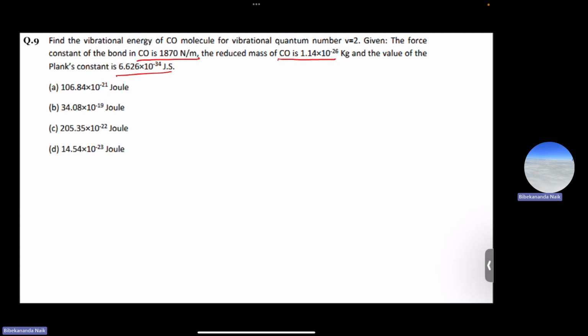The options are option A 106.84 into 10 to the power 21 joule, option B 34.08 into 10 to the power minus 19 joule, option C 205.35 into 10 to the power minus 22 joule, or option D 14.54 into 10 to the power minus 23 joule. So this question is to find the value of vibrational energy for carbon monoxide molecule, and we need to find the correct option.